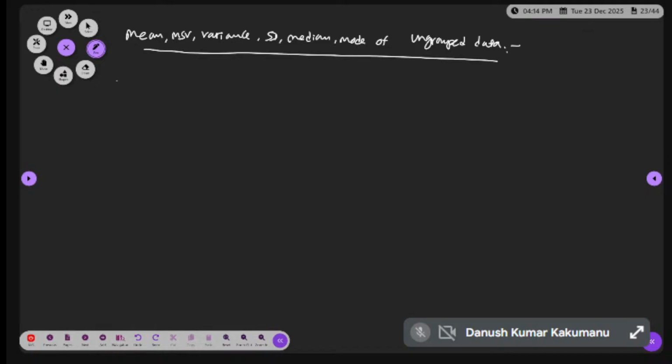What is the mean formula here? Mean is equal to sigma xi divided by n. All of you know this. Mean squared value is sigma xi squared divided by n. The mean is the sum of observations by the total number of observations; the mean squared value is the sum of squares of observations by the total number of observations.